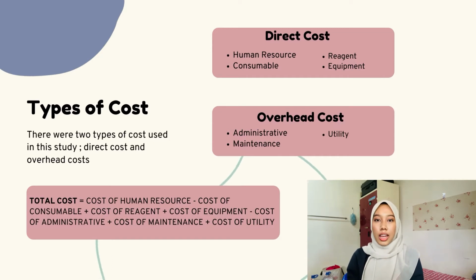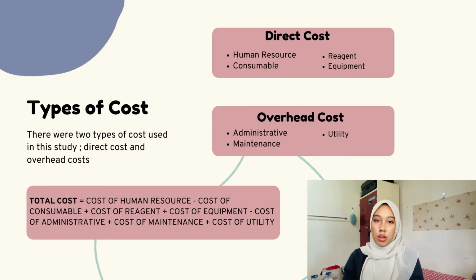On the other hand, overhead costs consist of three components, which are administrative, maintenance, and utility. Administrative costs are assessed based on the cost of employment of staff in the hospital, while maintenance costs are costs involved in terms of maintenance of electrical, mechanical, civil, biomedical, and many more.